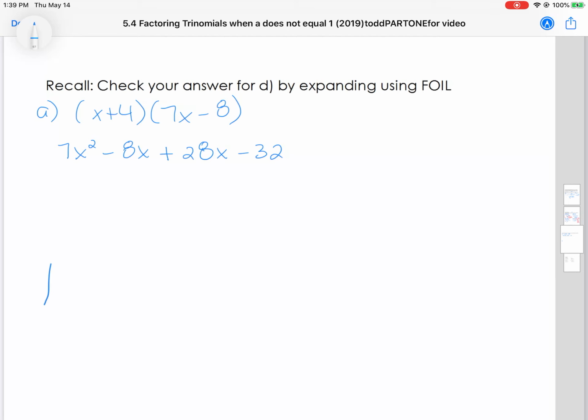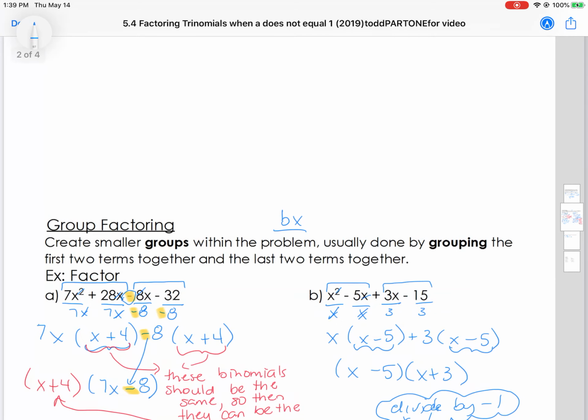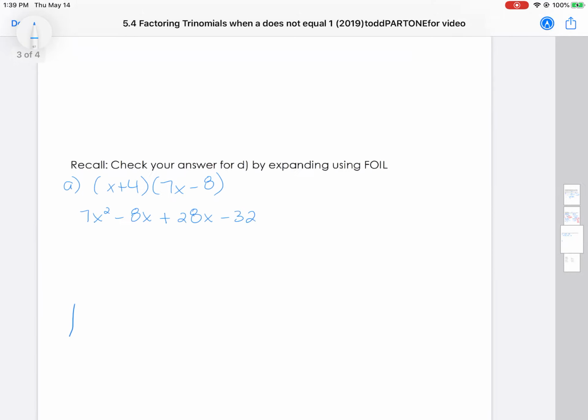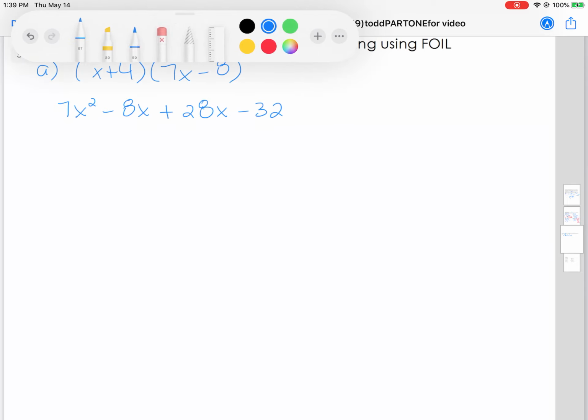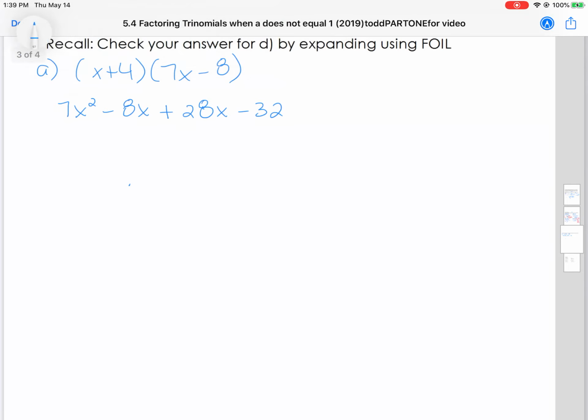Then if you go back and look, technically at the first one, it's got the 28x first and the minus 8x second, but that does not matter. Okay, so let's say I wouldn't give you the question like this here because now you can't factor by grouping, but you could rearrange it and factor by grouping.